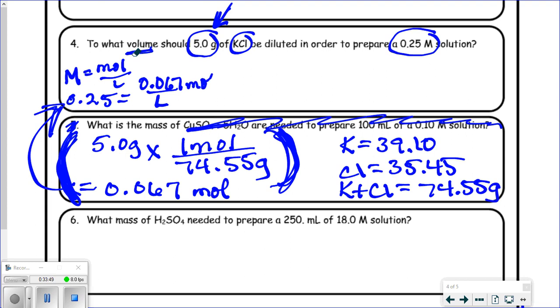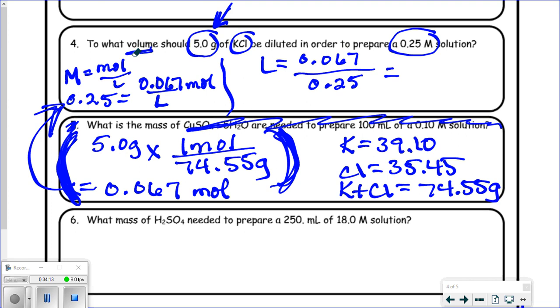0.067 moles. Now I've got to solve for something in the denominator, right? When you rearrange it, hopefully everybody's algebra is okay at this point. I'm going to have 0.067 divided by 0.25. All I'm doing is solving for the unknown.